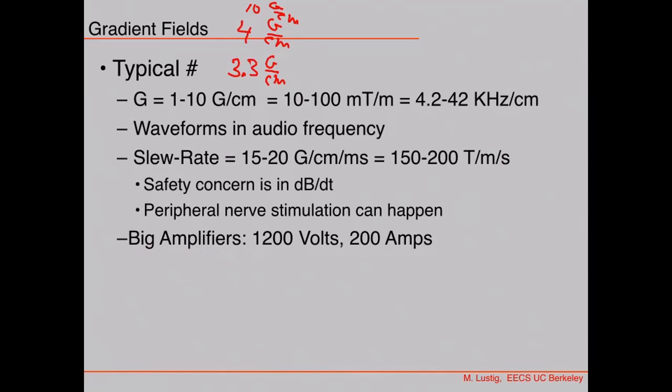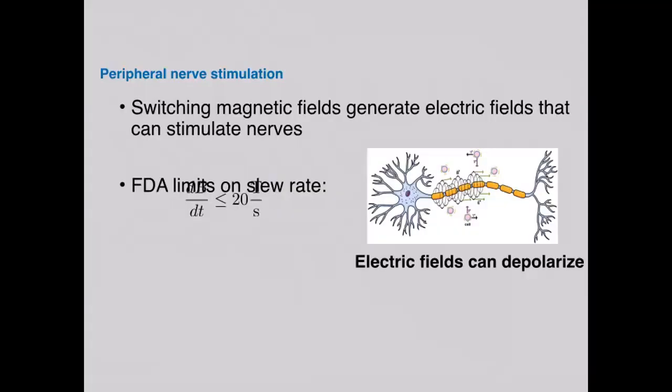For the gradients, we're talking about very big amplifiers, lots of voltage, lots of amps, because you need to create those really large changes. In order to have those huge slew rates, you need to put a lot of currents into these coils. So switching magnetic fields generate electric fields that can stimulate nerves.